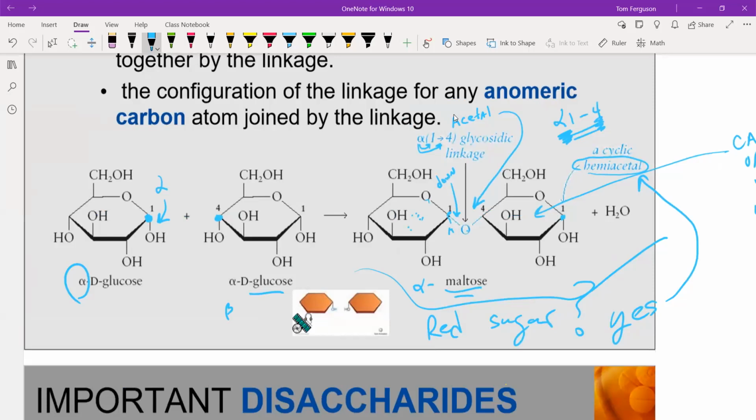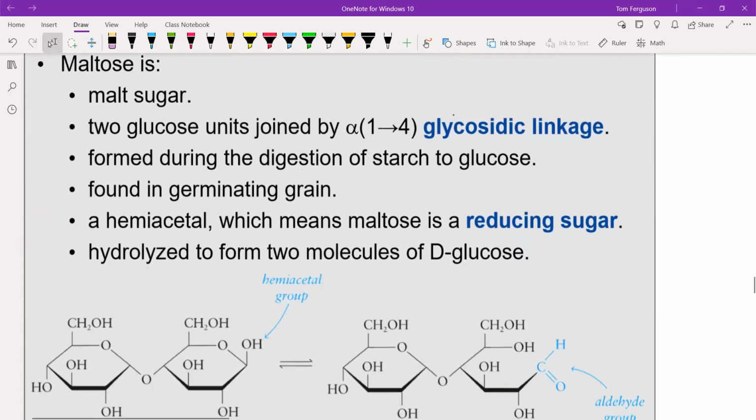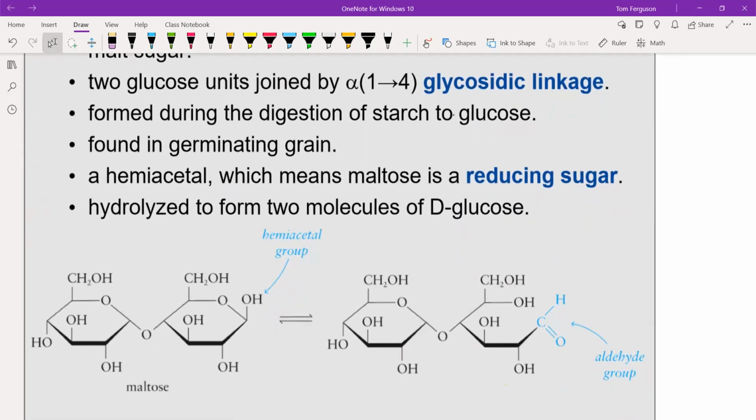You'd also get a mixture on that too. This would be a beta maltose. And here we have a hemiacetal, opens up, exposing the aldehyde, which can be then oxidized, and it's a reducing sugar.